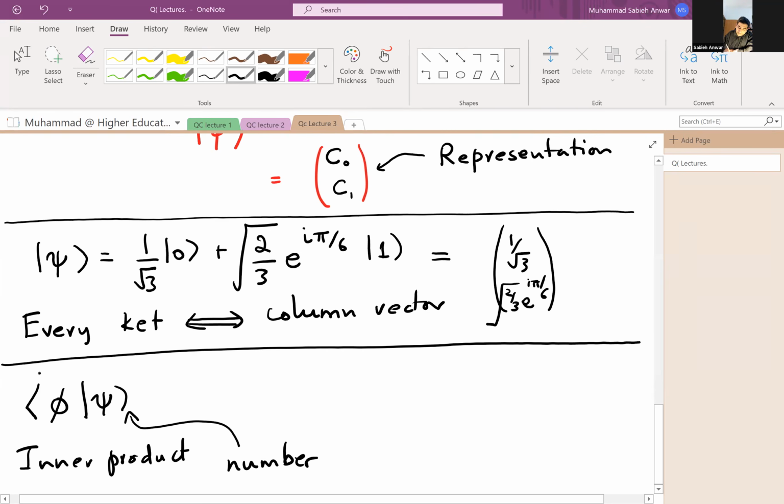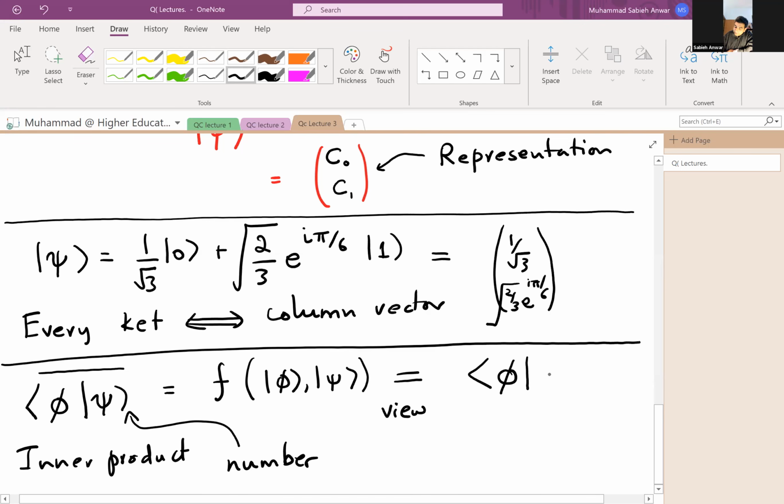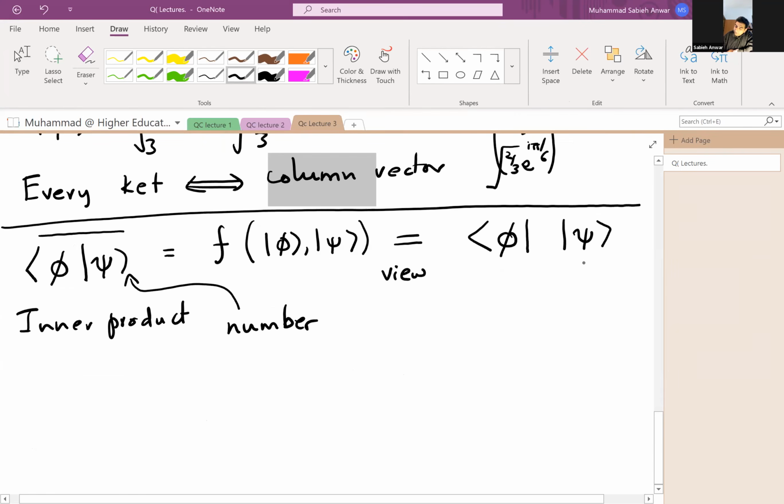I view this inner product as a composition, as a function between two kets, ket phi and psi, just as we did for the concept of dot product of two vectors. I view this as having a bra phi together with a ket psi. Now I already know that psi is represented by a column vector with two entries, two entries because it's a qubit.